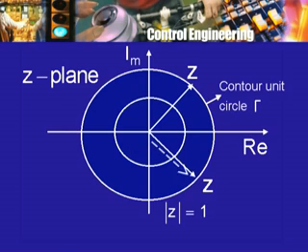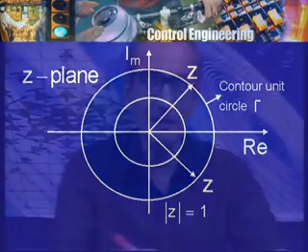Because it is very simple to visualize that, because you can think of the radius vector, and as you move around the curve, the radius vector will go on turning. If you move around the curve once starting at a point, in this particular direction, and keep going till you come back to that point, at the end of it you would have completed one full revolution in the counterclockwise direction around the origin of the z plane.